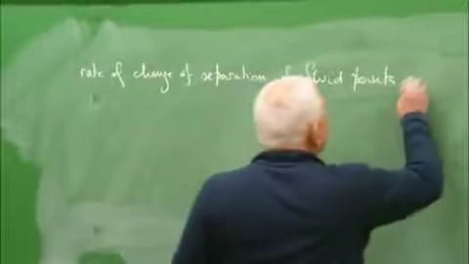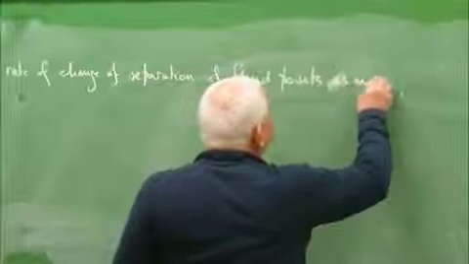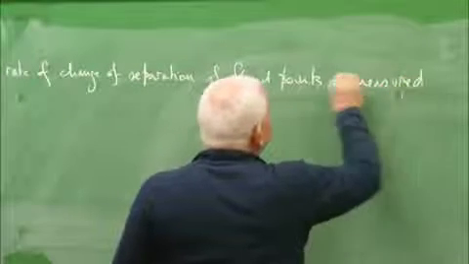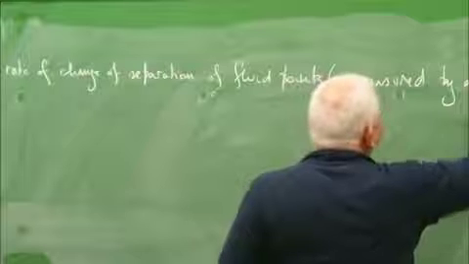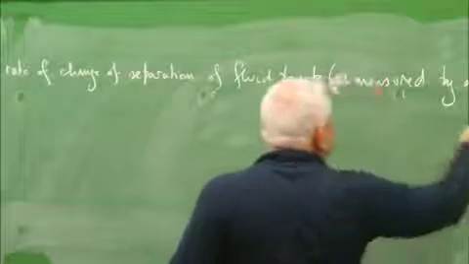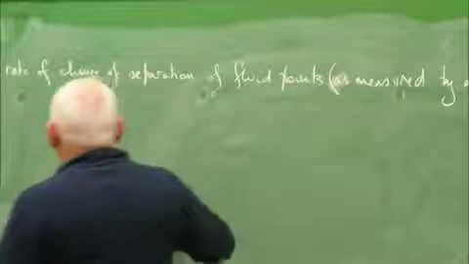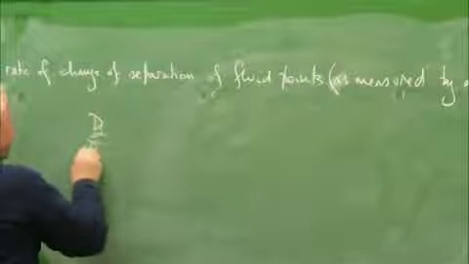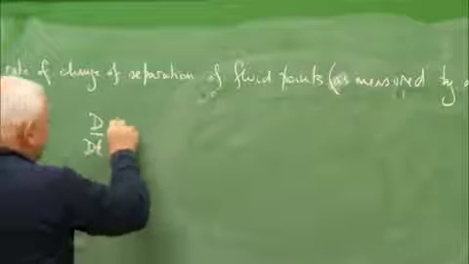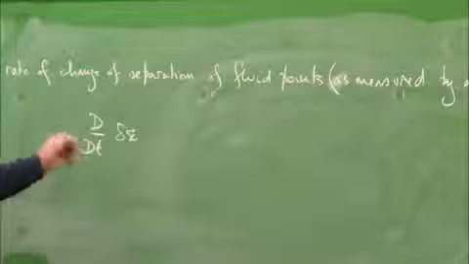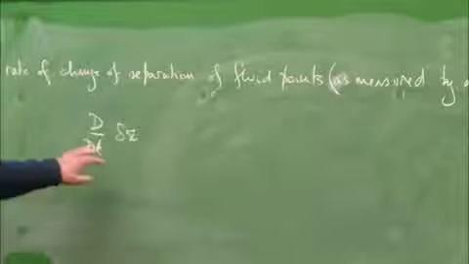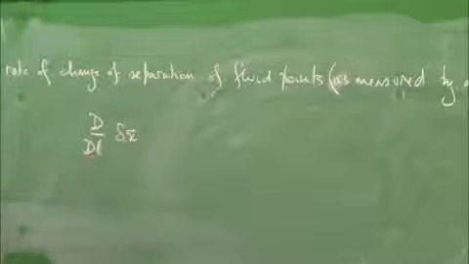So the rate of change of separation of fluid points as measured by a wet observer is, well, it is d by dt of delta x. That's what I'm measuring. It's delta x whose rate of change I'm measuring.